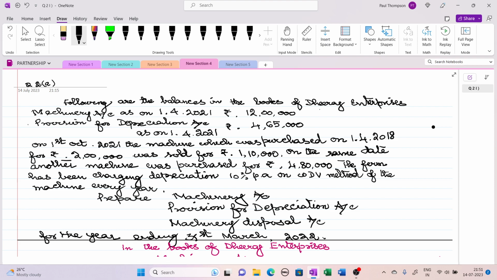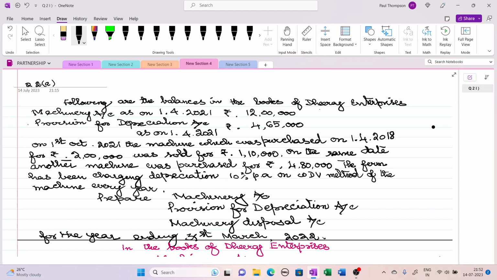Whenever you see a question like this, provision for depreciation account, it means that in machinery account you are going to maintain the balance, the cost which was acquired. We are not going to reduce the machinery account by depreciation, so that the amount available as on 1/4/2021 is the purchase cost of that machinery.